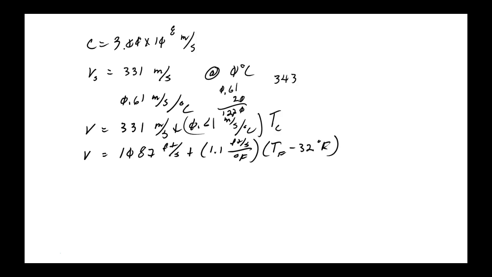So, let's look at example 1. I'll probably need to erase these, so hopefully you got your formulas right. Let me erase these and do example 1 here. Find the speed of sound in dry air at 1 atmosphere of pressure if the temperature is 23 degrees Celsius. Which is probably not too far off from what it is outside right now.